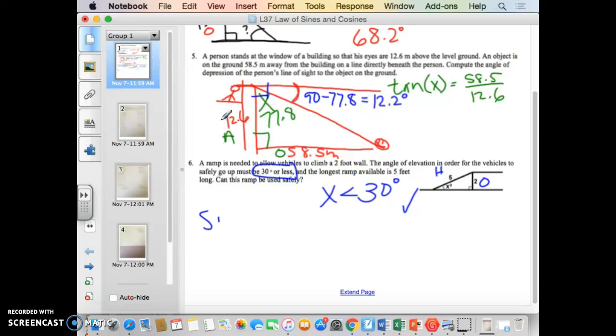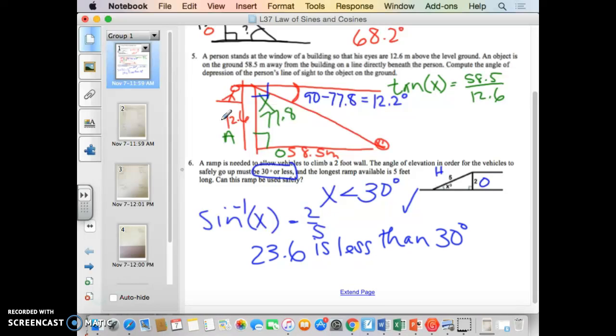So that's sin x equals 2 over 5. So you should be thinking inverse. We have to do second sine of 2 divided by 5, which is 23.57 or 23.6. And 23.6 is less than 30. So the ramp is safe.